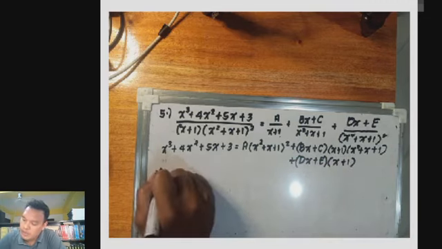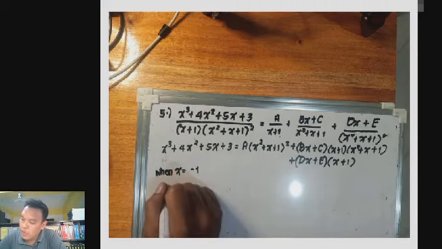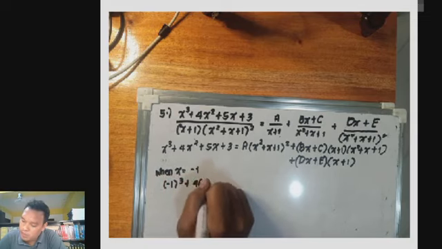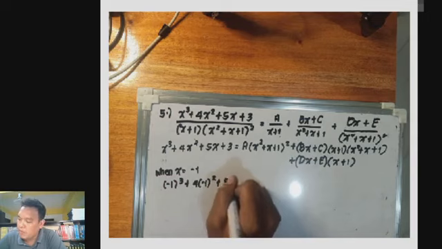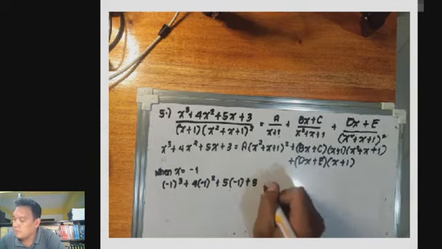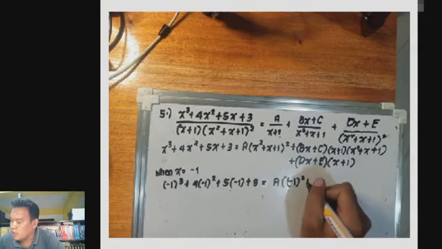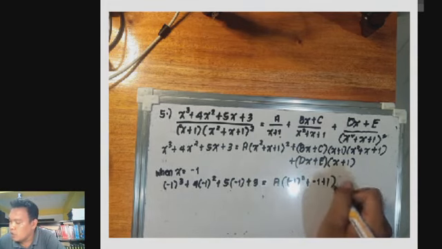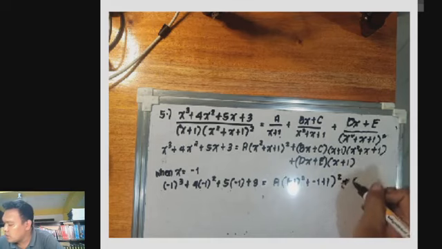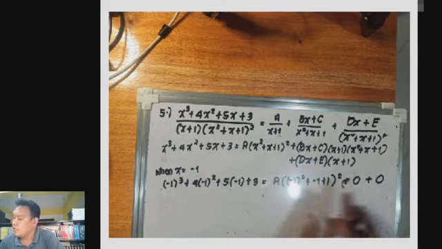So, let's say when x is equivalent to negative 1, we have negative 1 cubed plus 4 times negative 1 squared plus 5 times negative 1 plus 3 equals a times the quantity negative 1 squared plus negative 1 plus 1, squared, plus 0 plus 0. This is 0 now, this is 0 now. Okay?